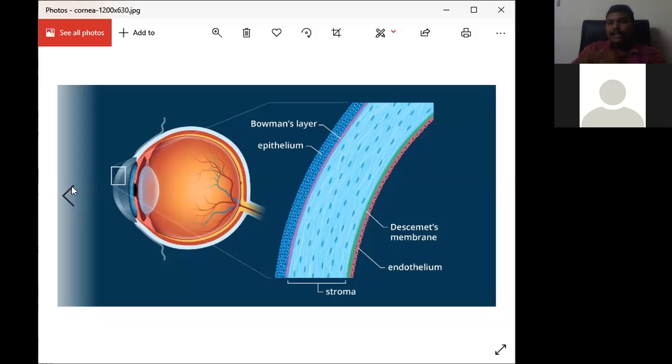So it leads to haziness in vision. So what are the different things causing corneal opacities, or transparency disturbances? We'll see one by one.